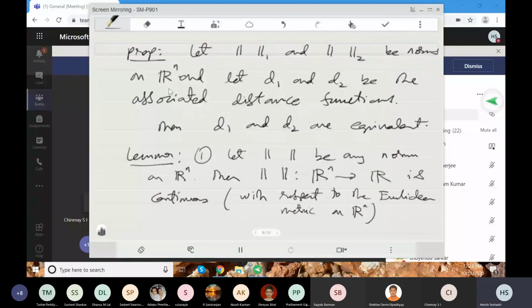So there's a background Euclidean metric. Now, given any norm, I just regard it as a function on Rn. The claim is that that function is continuous, keeping the background Euclidean metric in mind.